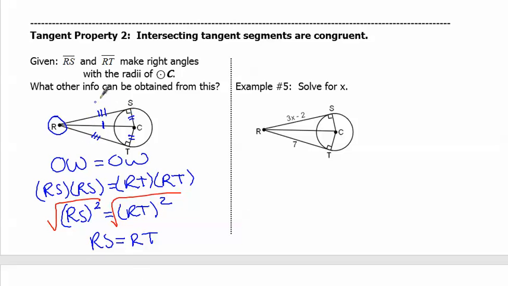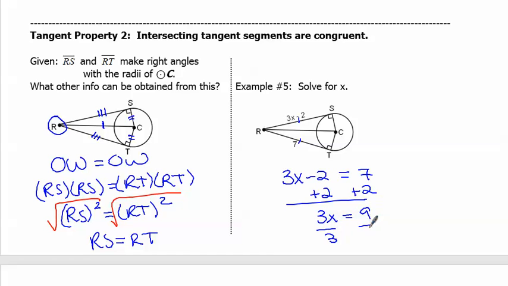So I can prove that those two things are equal. Now here, once I get a triangle, I don't have to do all that work. If I have two tangents, I can just set them equal to each other. 3x minus 2 equals 7, and I just do the algebra. I'm going to add 2 to both sides. 3x equals 9. I divide by 3, and x equals 3.